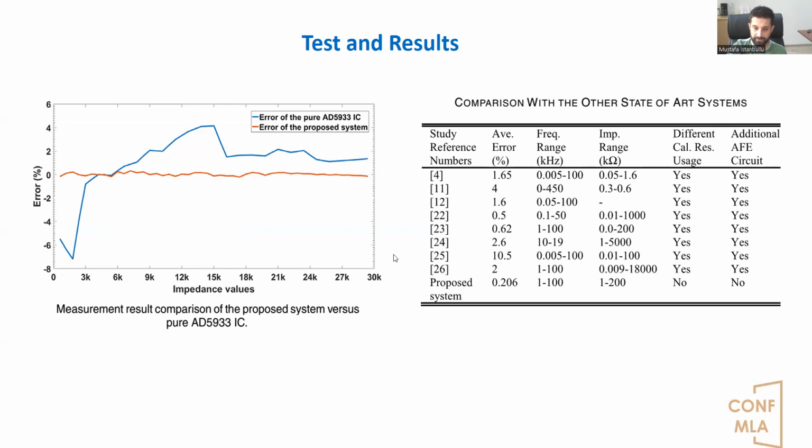The test results expose that the proposed artificial neural network-based system measures the impedance with the high accuracy and low cost in the human skin impedance range. The system also eliminated the requirement of the different calibration impedance usage and increased the measurement accuracy of the pure AD5933 based measurement output significantly.